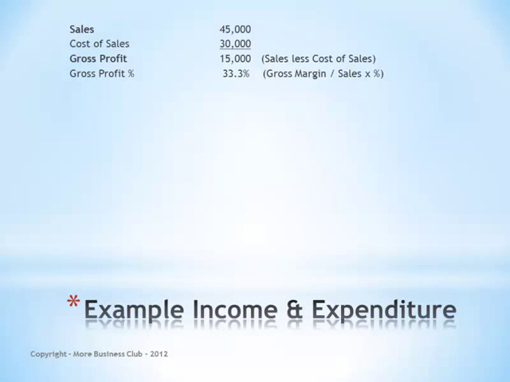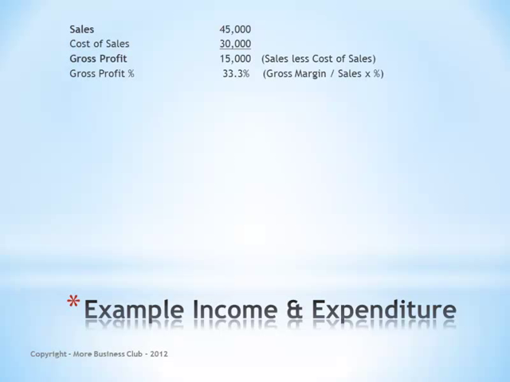So when you're working out the cost of sales for the sales figure in a month, it's the cost of the goods that relate to the sales that were made, which is not the same as the goods that you purchased during the month. So some things that you purchase will go into stock and they may lie there for a while.